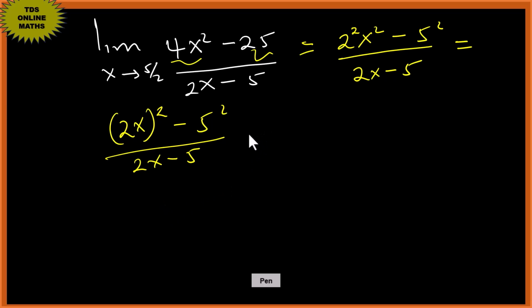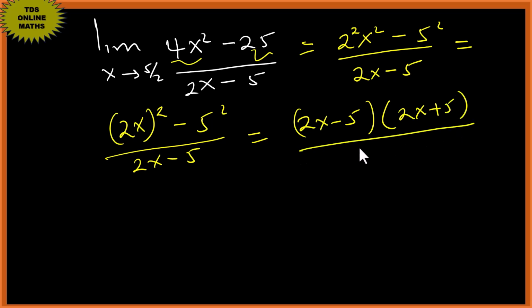All right, so I can go ahead and write the numerator as 2x minus 5, 2x plus 5, on 2x minus 5.